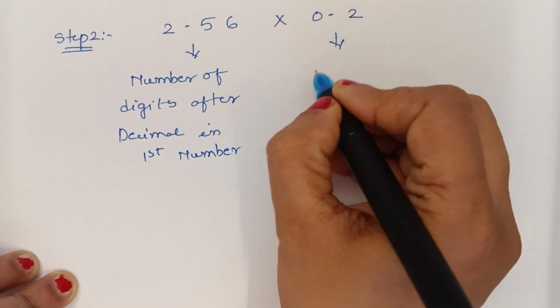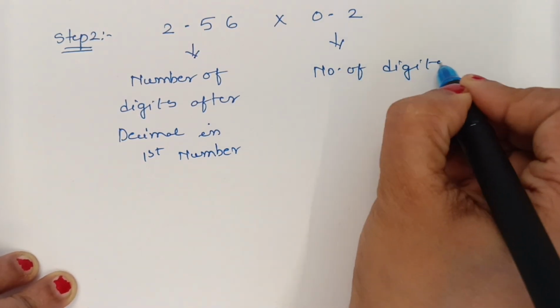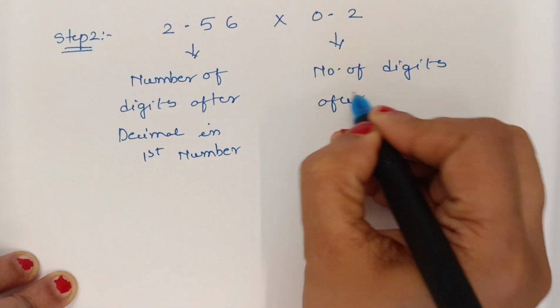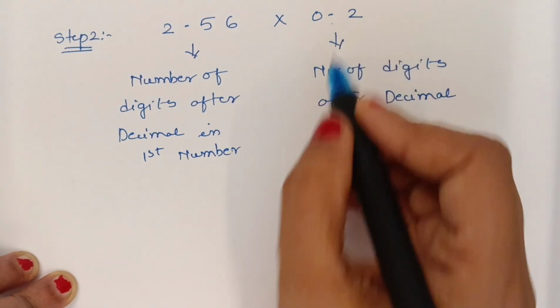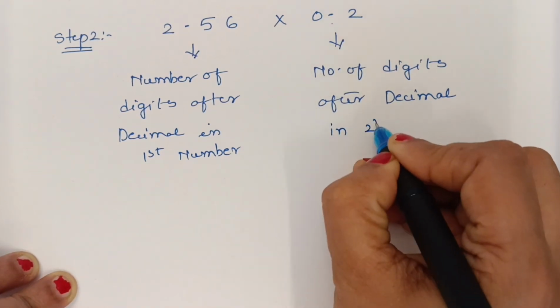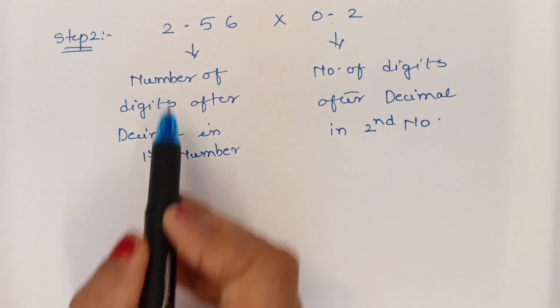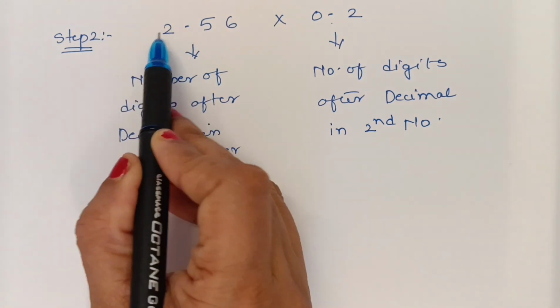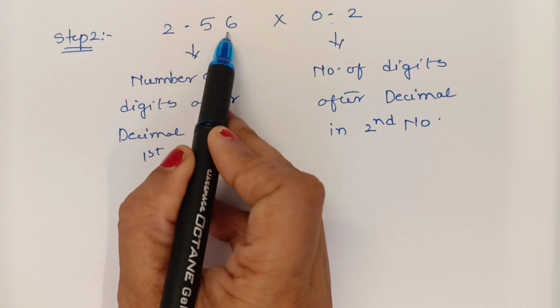Similarly, count the number of digits after the decimal point in the second number. I am not talking about before the decimal. So just count how many decimal places you have.